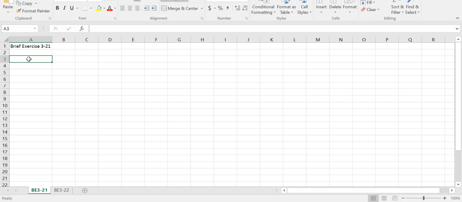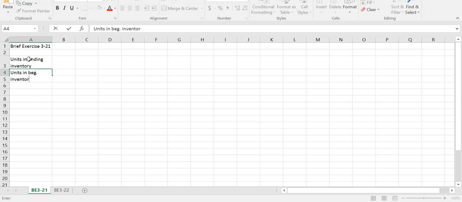So the first thing that we have to do is calculate how many units are in ending inventory. They gave us some information. We had units that were in beginning inventory, and they told us that there were 300 units in beginning inventory. We also had units that were produced during the period.